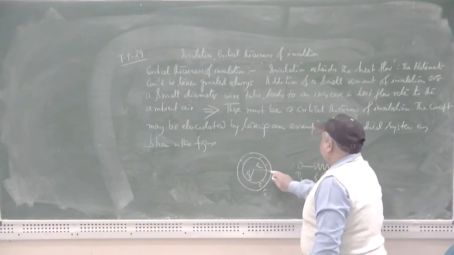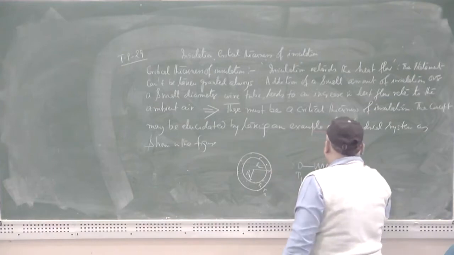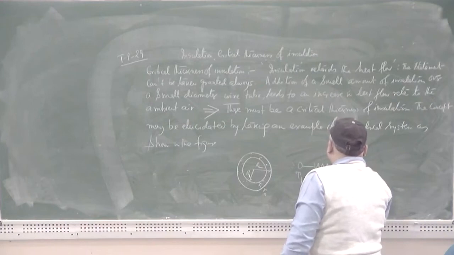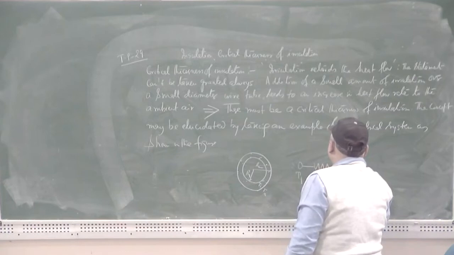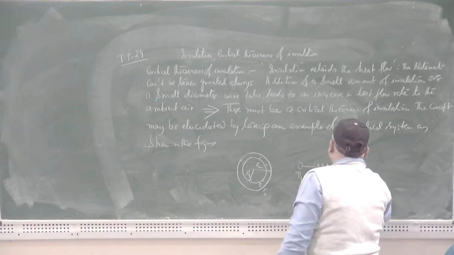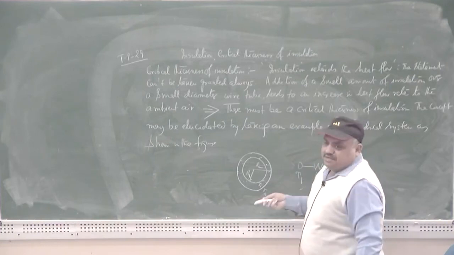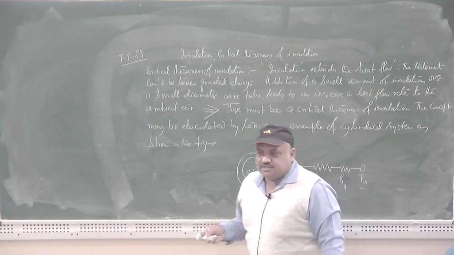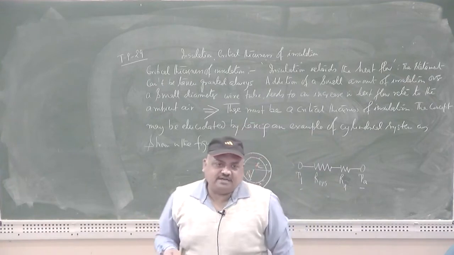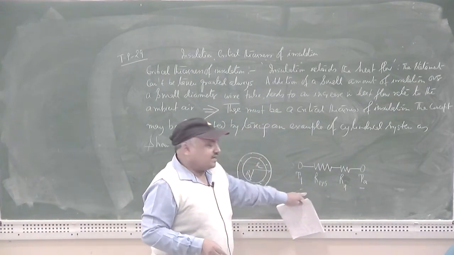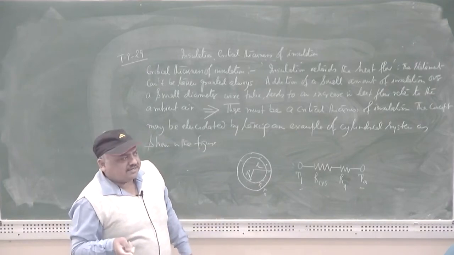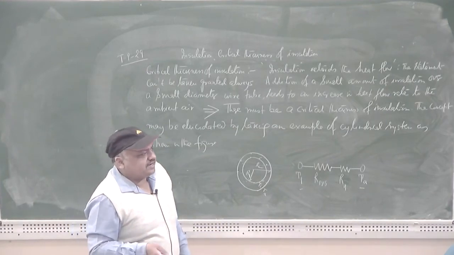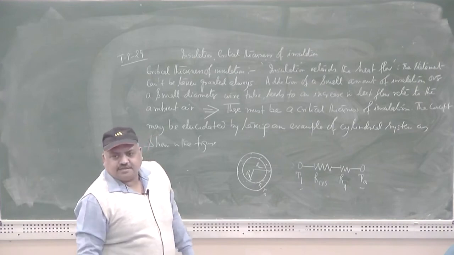Now, it will come in contact with air, so this is the convective resistance, that is RA, and finally the ambient air temperature is arrived at. So this is the analogous electrical circuit for the present case. Now, let us try to extract the value of the critical radius of insulation in this cylindrical system.